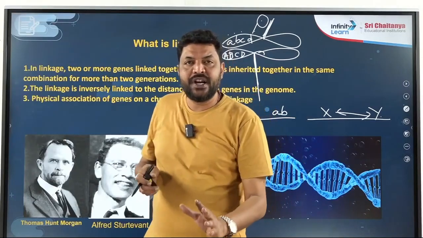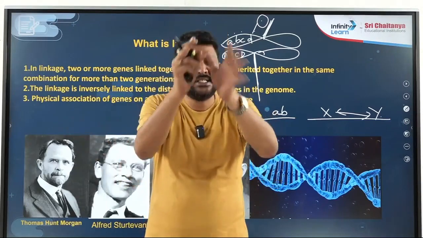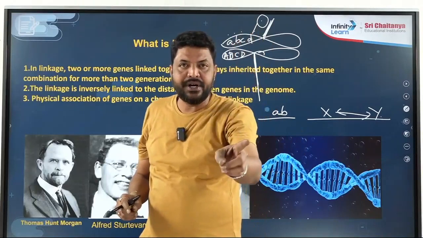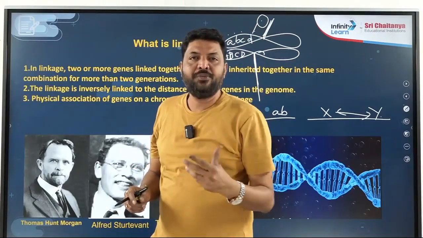Finally, in Drosophila, of the 8 chromosomes, he calculated how many genes are there, what is the sequence of the genes on a particular chromosome, and what is the distance between two genes. How beautiful the work is.